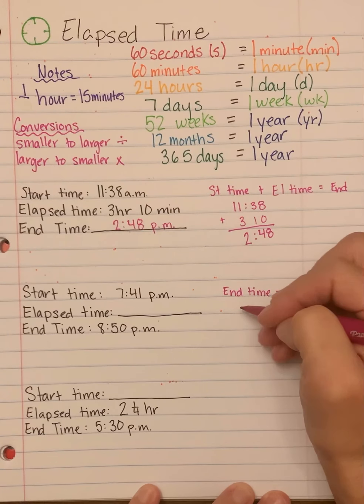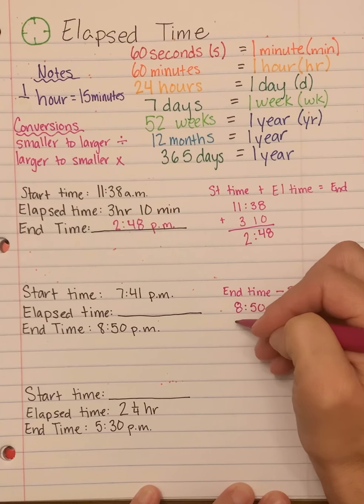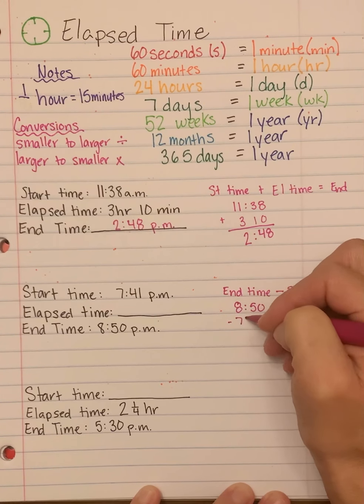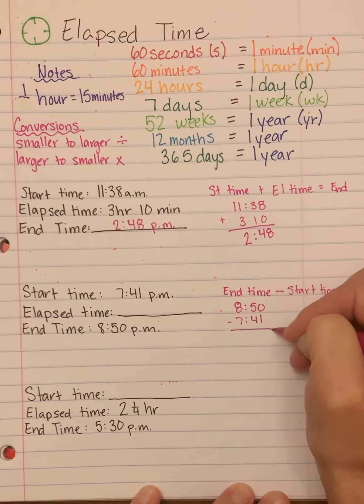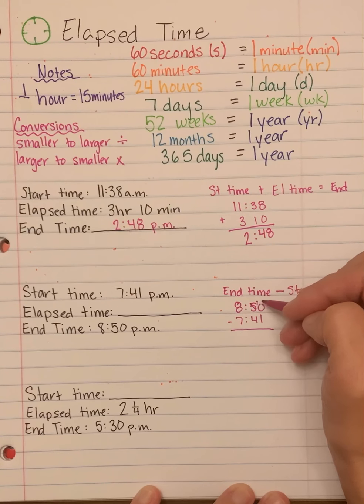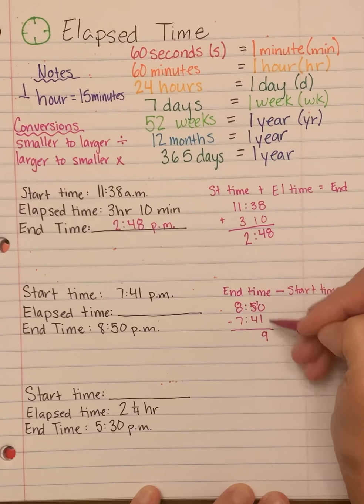So our end time was 8:50. And we're going to subtract 7:41. Okay. I know that it would take me 9 minutes to get to that 0, right?